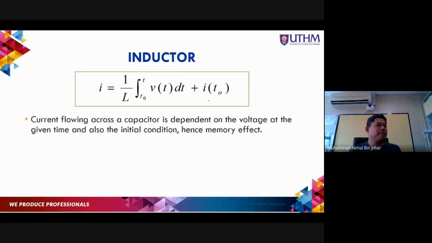This is what we call the initial condition, the current at T0, plus the current that changes during T0 to T1 or T2. Hence, we have a memory effect in this situation.